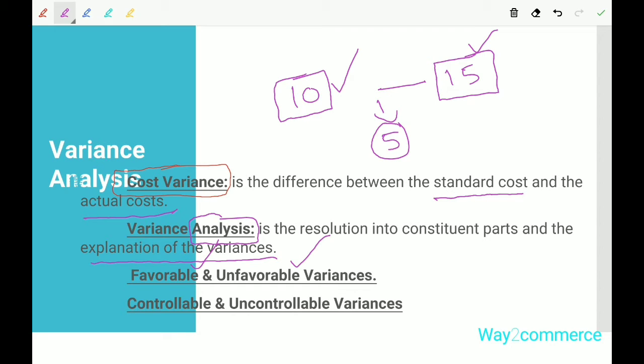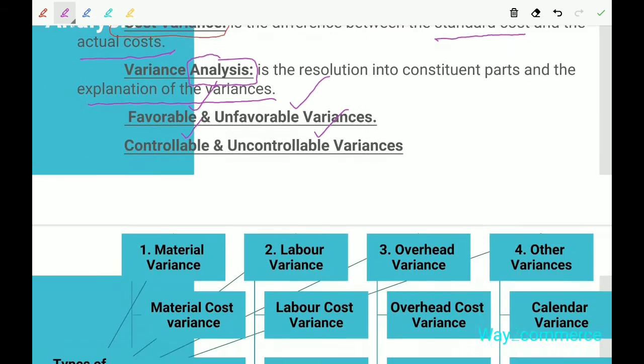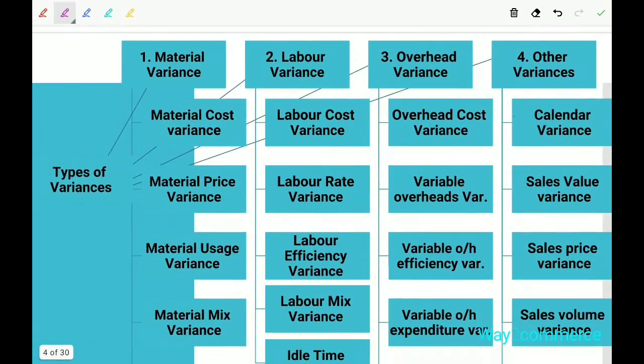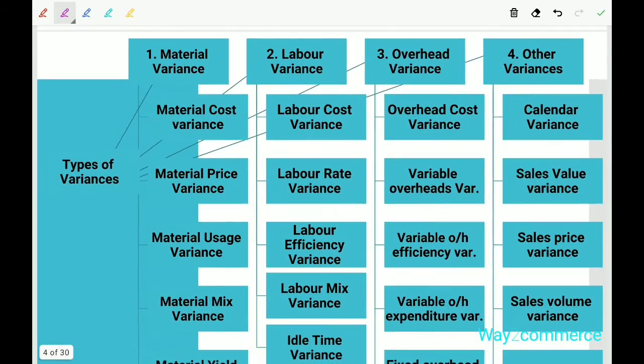It is again classified as controllable variance and uncontrollable variance. So these are all the variances we have to discuss in detail.